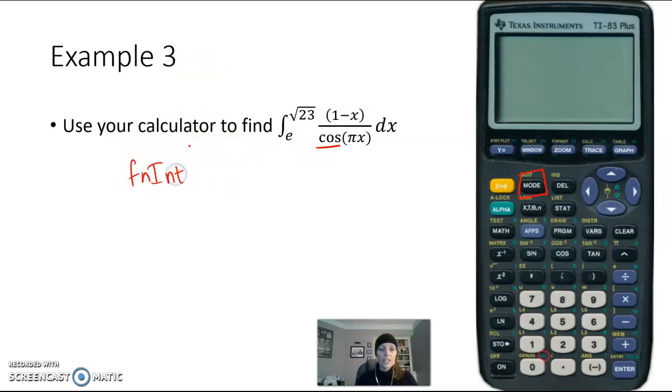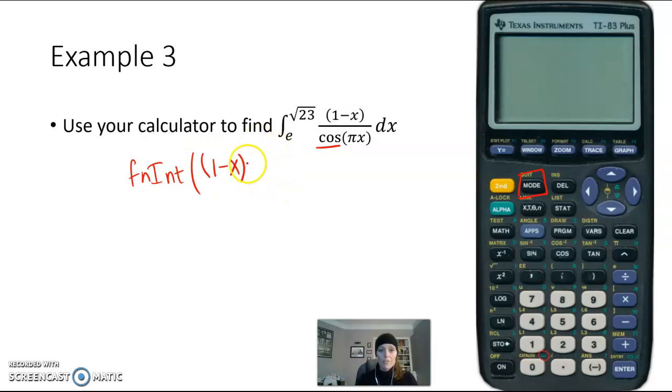So we have function integral, which we find in our math menu, option 9. And then we're entering our function here. We want to make sure that we enter it with all the proper parentheses and everything. So we need parentheses on the top, 1 minus x, close parentheses.